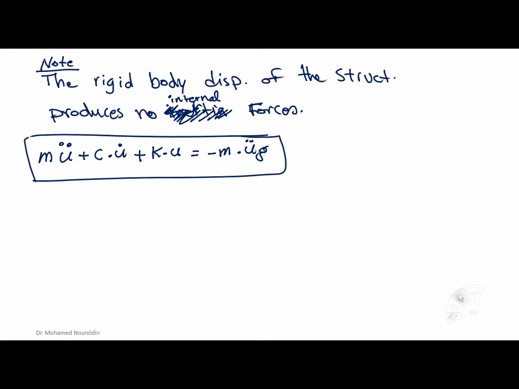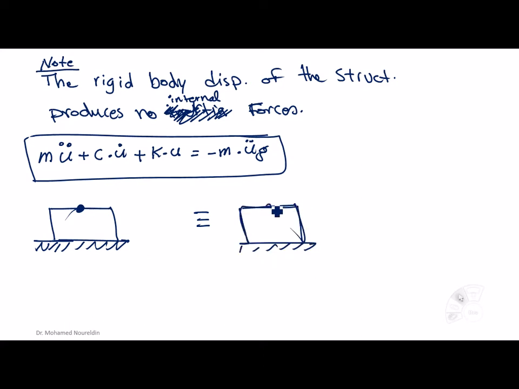This means that we can define what we call the effective earthquake force. If we have two systems, for example, this is the first system with the mass here, and this is going to be equivalent to the same system.